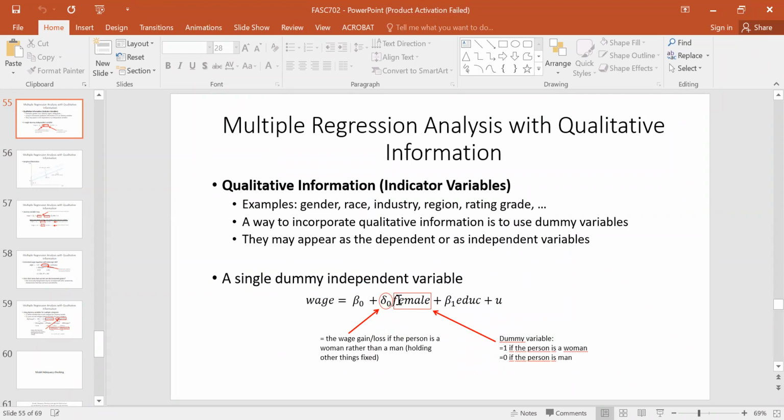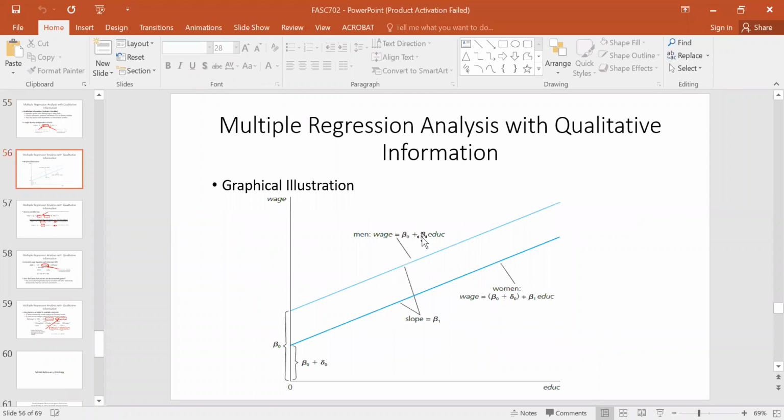So for women, this is 1, so delta 0 will survive. For men, this is 0, so delta 0 vanishes. You look at the difference; the difference is only delta 0.